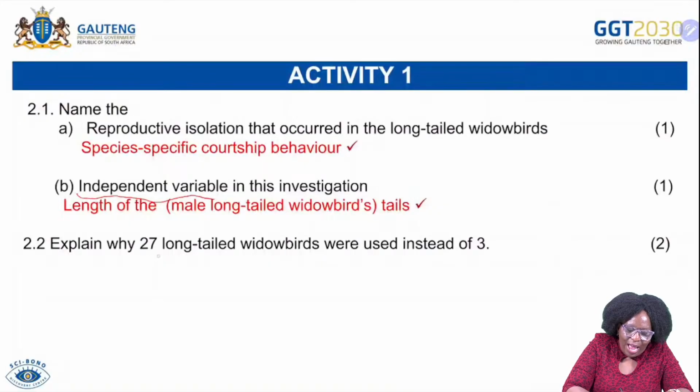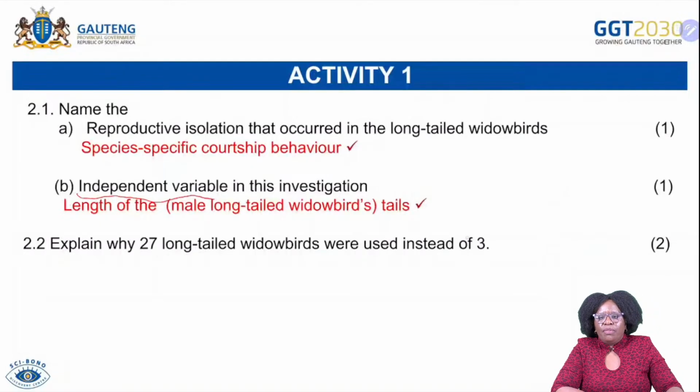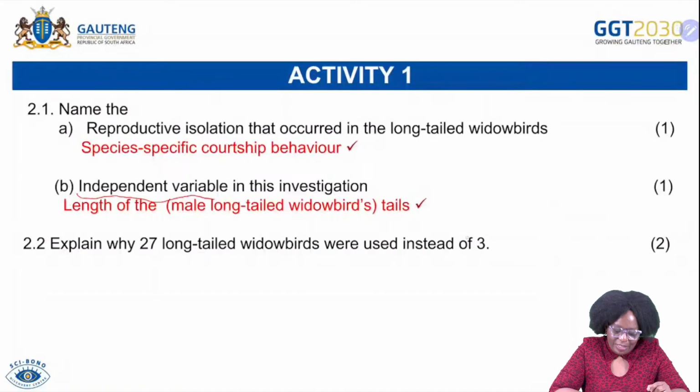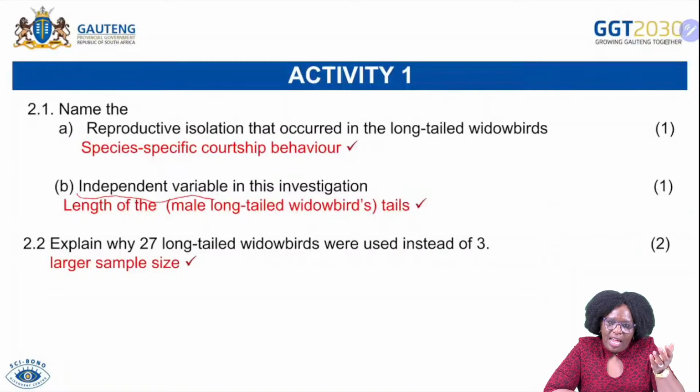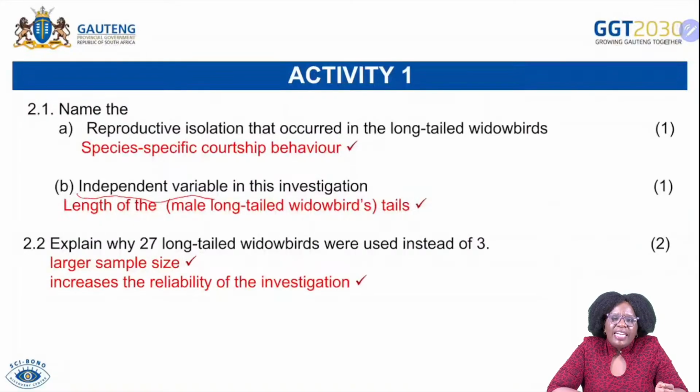Explain why 27 long-tailed widowbirds were used instead of 3. In scientific investigations, basic things that we look at, we have got reliability, learners, we have got validity. But instead of 3, why did we have 27? Because this increases the sample size and increases the reliability of the investigation.